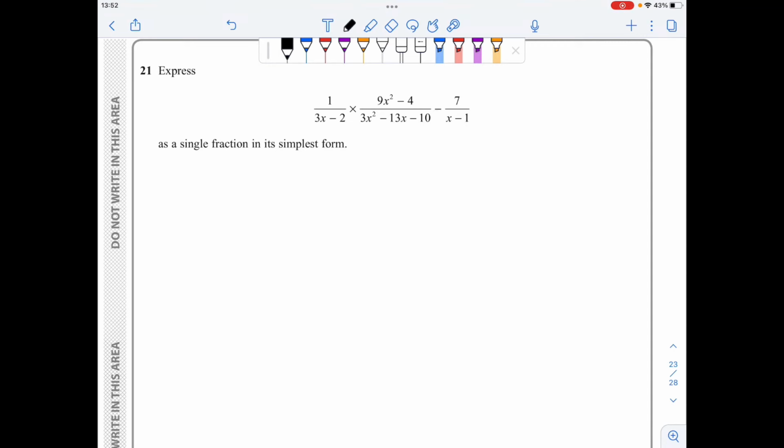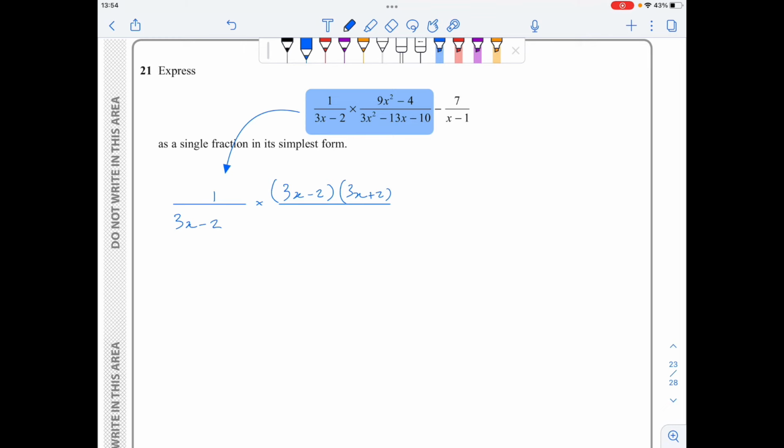For question 21, I'll start from the multiplication and try and simplify this expression. So 1 over 3x minus 2 times, now let's factorize top and bottom. The top one is the difference of two squares, so it's 3x minus 2, 3x plus 2.